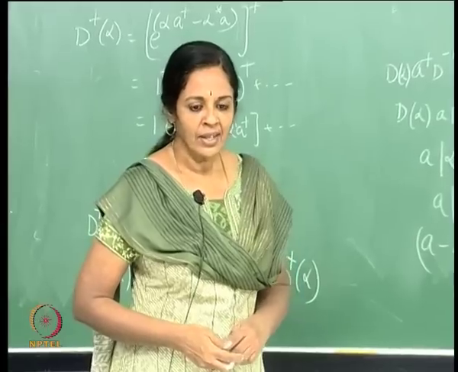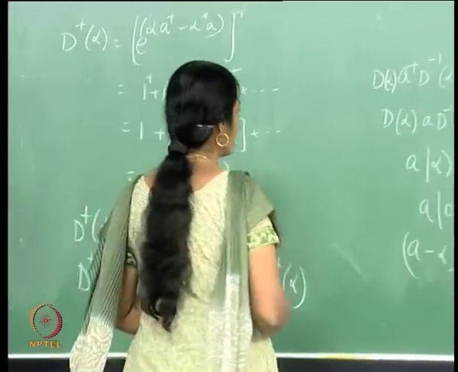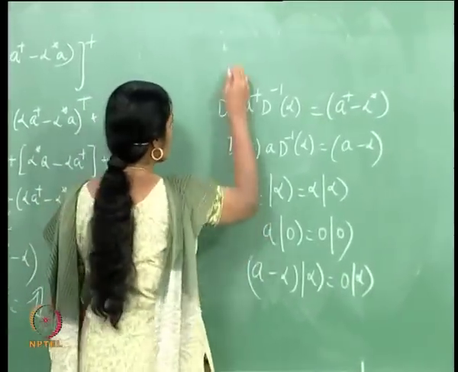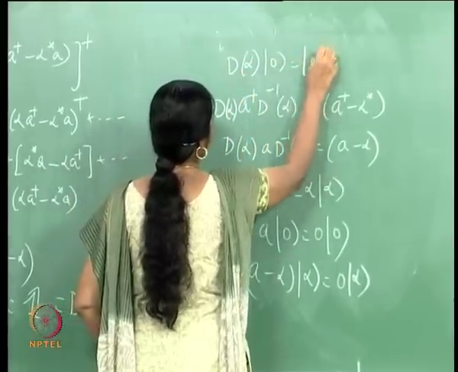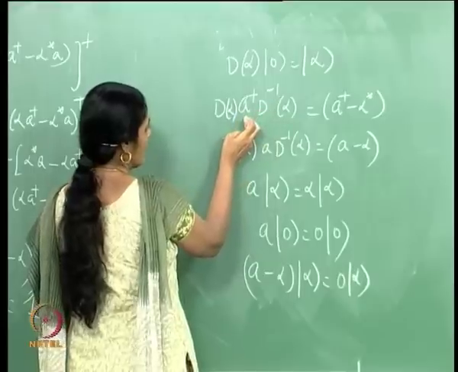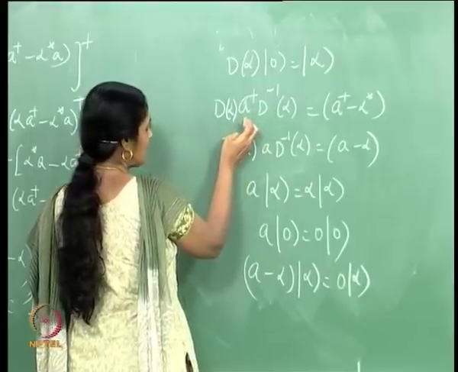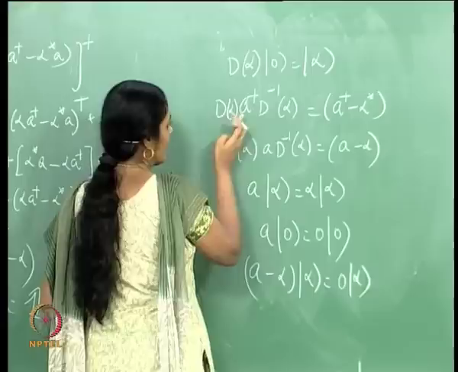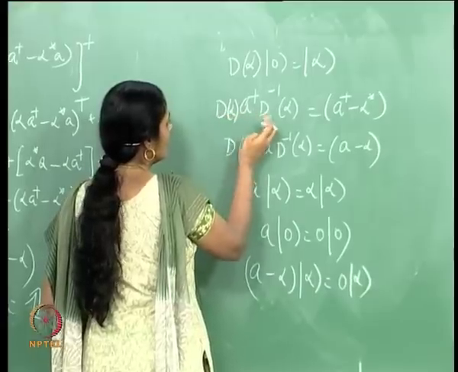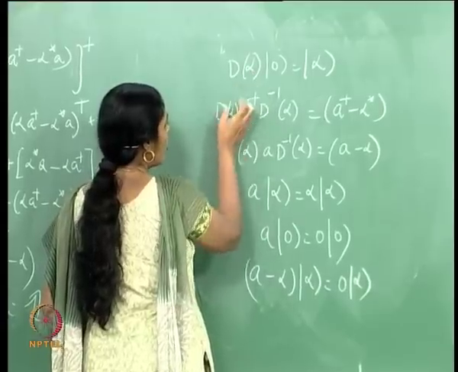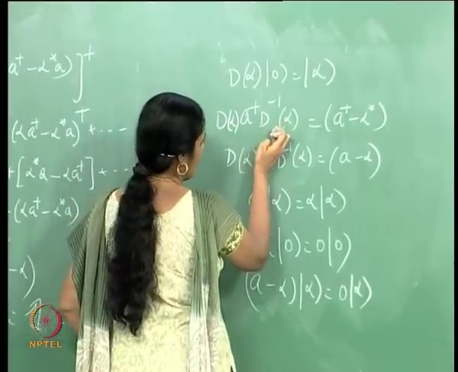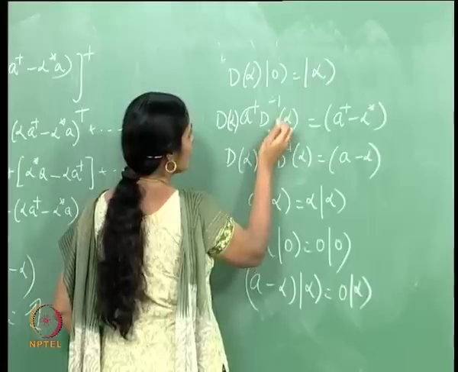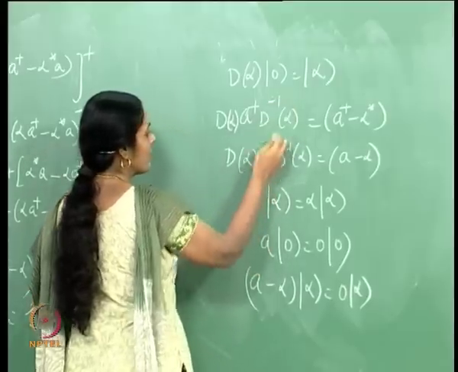And as I have discussed in one of my earlier lectures, when a state transforms in the following manner, the operators which act on that state would transform with d of alpha, the same operator flanking it on this side and its inverse on that side, and since this is a unitary operator, d inverse is the same as d dagger.